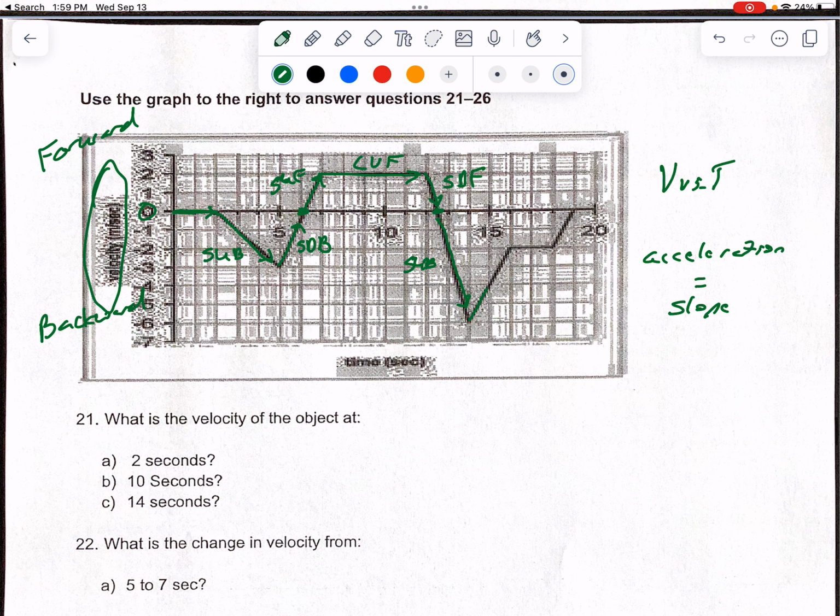Then I start going back towards the x-axis, so I'm slowing down backwards. Then I'm going constant velocity backwards. Then I start slowing down again, so that would be slowing down backwards. And then it looks like I stop again at 19 seconds. So that's just kind of the gist of what type of motion is going on.